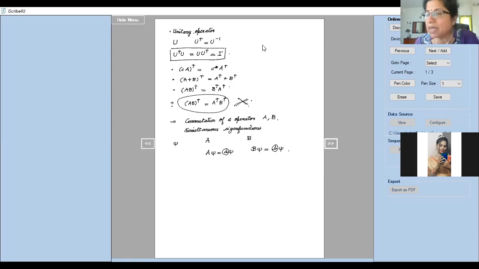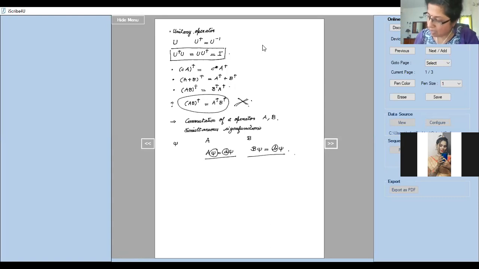So remember a and b will not be equal. But if psi gives you a relation like this and a relation like this, then we say psi is a simultaneous eigenfunction of A and B.